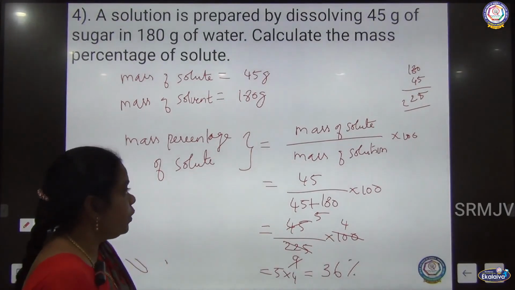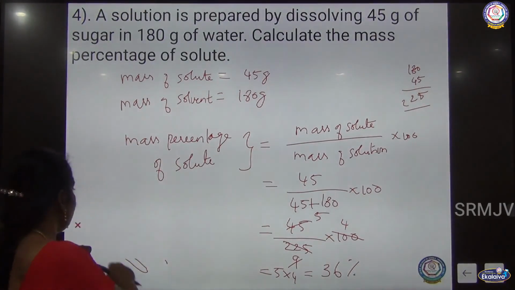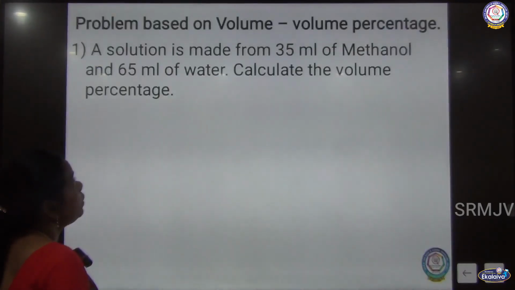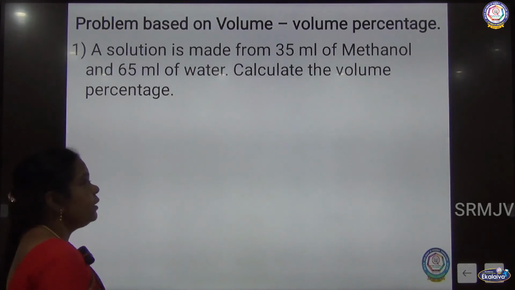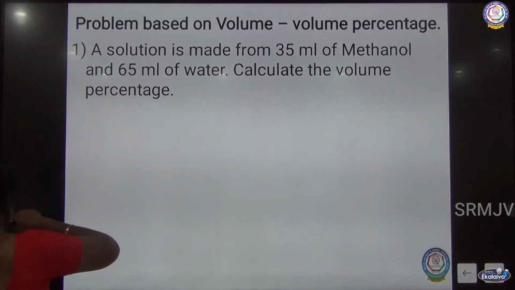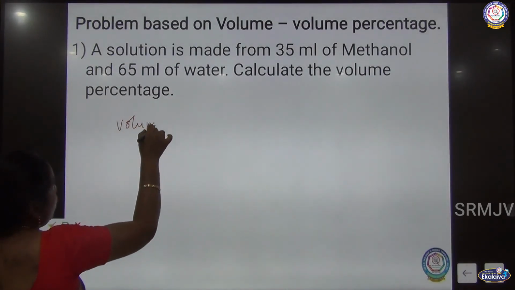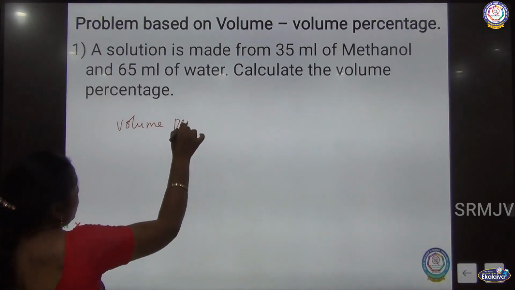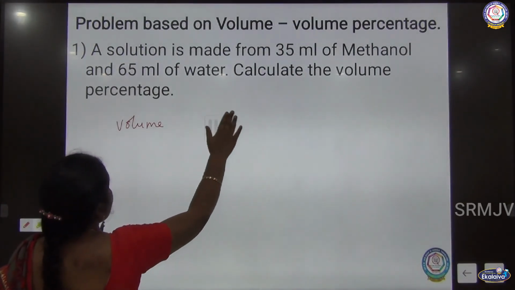So now you are going to learn, listen, the mass percentage, and next one is the volume percentage. The volume percentage, the same formula you want to find. Instead of mass, you want to write volume percentage.